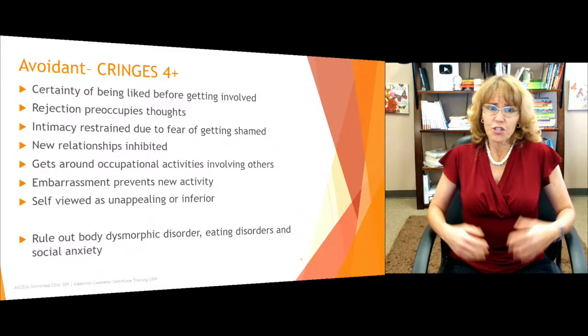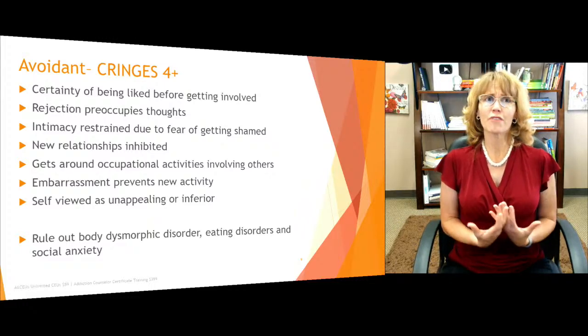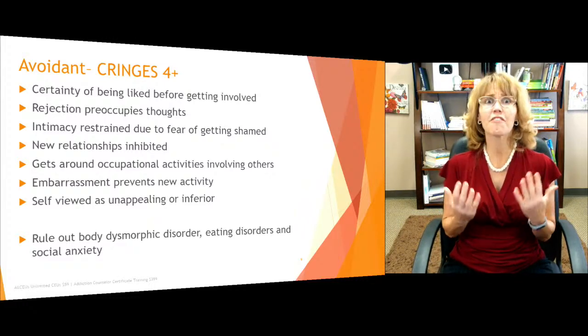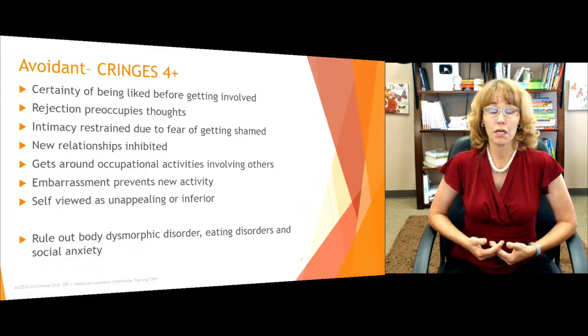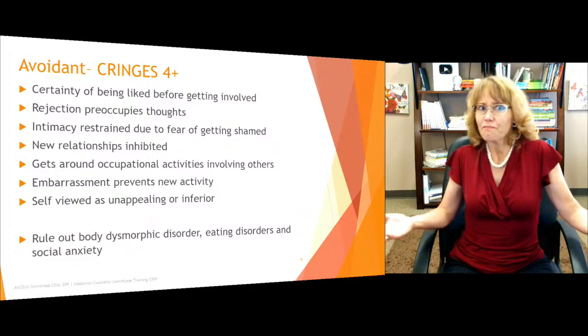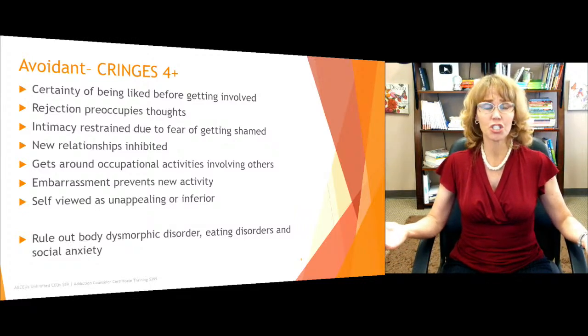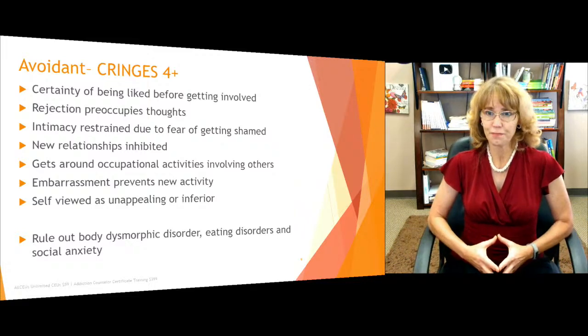Which you can understand. Trying to make a new relationship, if you're already that self-conscious and that terrified of abandonment, getting into a new relationship would be terrifying. So they may not try to get into a lot of new relationships, and when they do, they take it ultra slow.